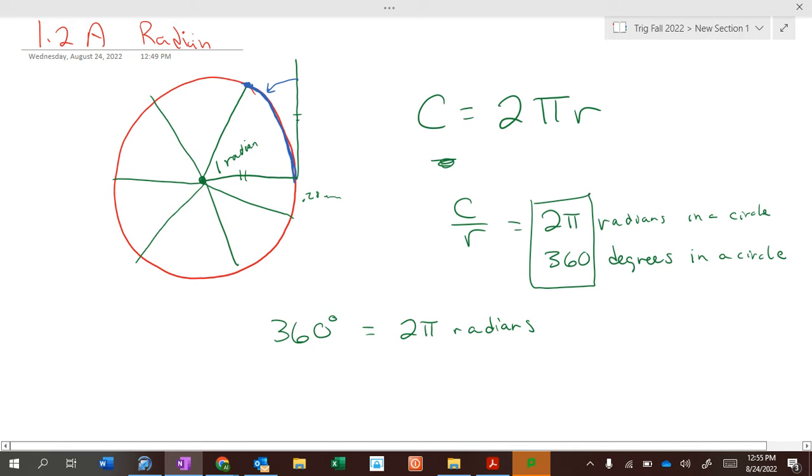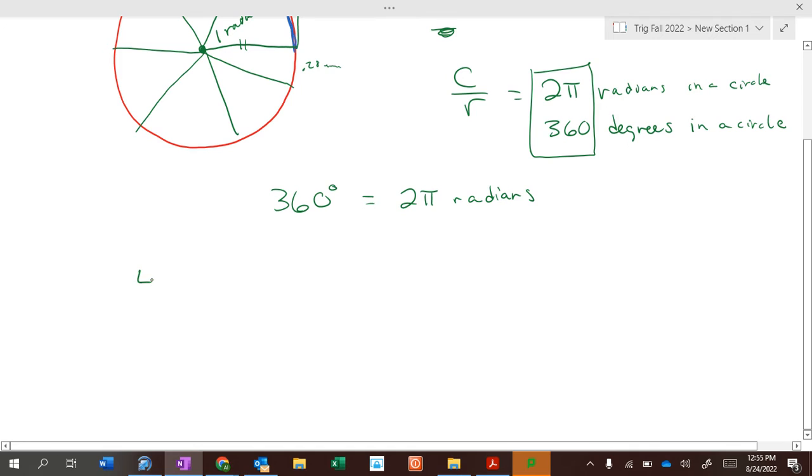So I know that in 360 degrees, there are 2 pi radians. So I should be able to go from degrees to radians and radians to degrees. If I have a 45-degree angle and I want to change it to radians, I could use these two things. Remember back in physical science, what you're converting to goes on the top, and what you're converting from goes on the bottom.